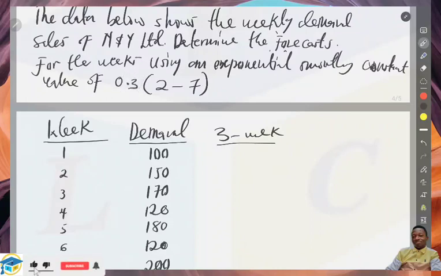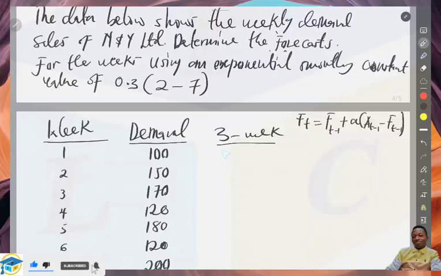So this is what we're going to do. Since we know the formula for forecast using exponential smoothing, Ft is equal to the forecast for the previous period plus the exponential smoothing constant multiplying the actual value minus the forecast value. So let's take note of that.